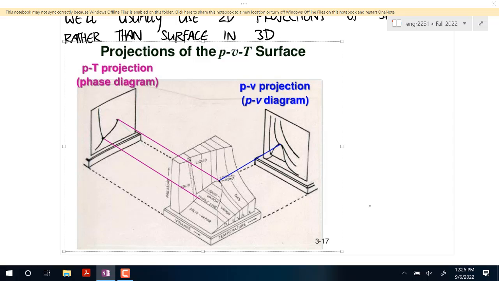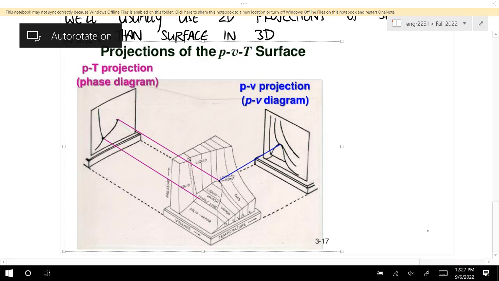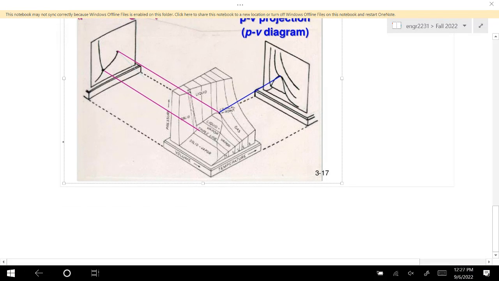You can look at pressure volume, or you can look at temperature pressure. So there's three of these projections you can use. The most noticeable and the most important feature to us of this surface, really the one thing you're going to have to be aware of in this class, is called the vapor dome.